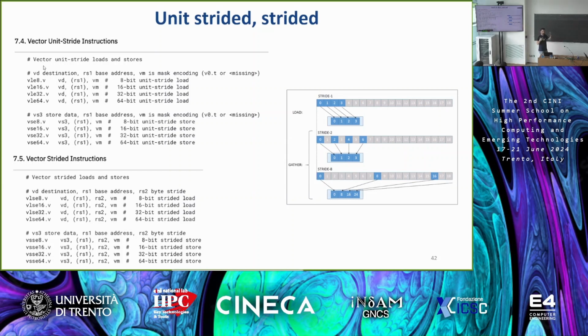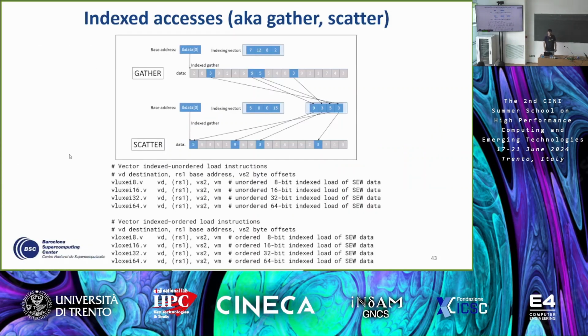Okay, so those are the 2 types of accesses. On the left side you have the intrinsics that you can use. But as I said, it's important that you know this mechanism, but hopefully you will not have to type this in your code, so that your code remains portable.